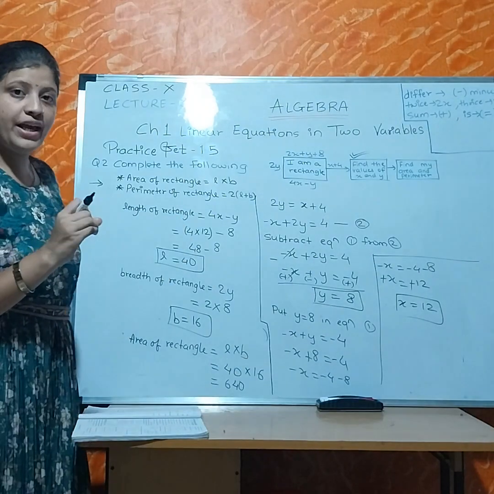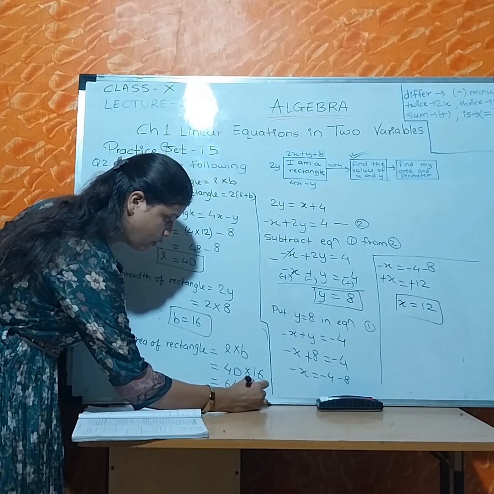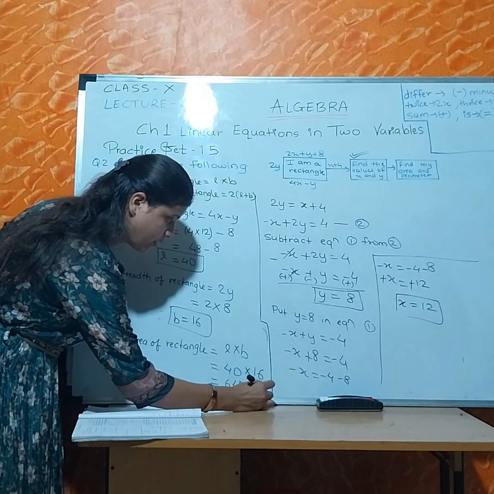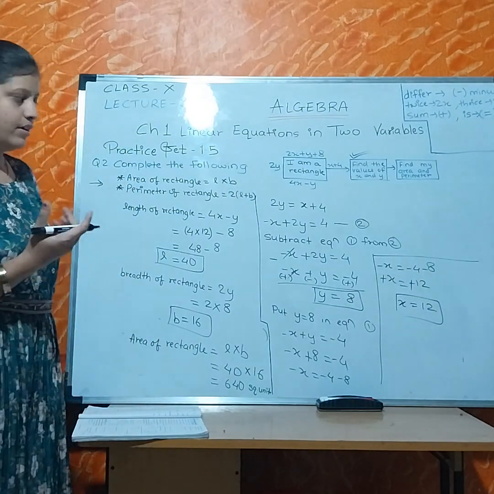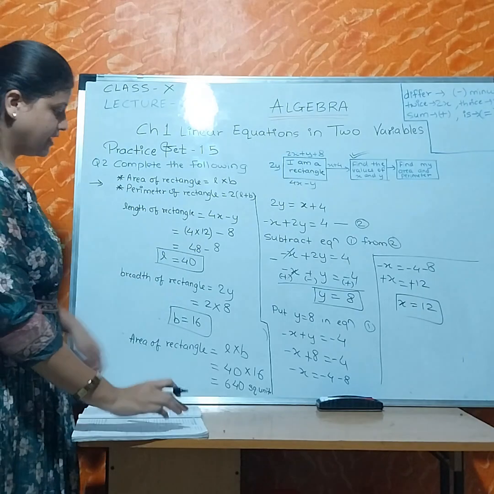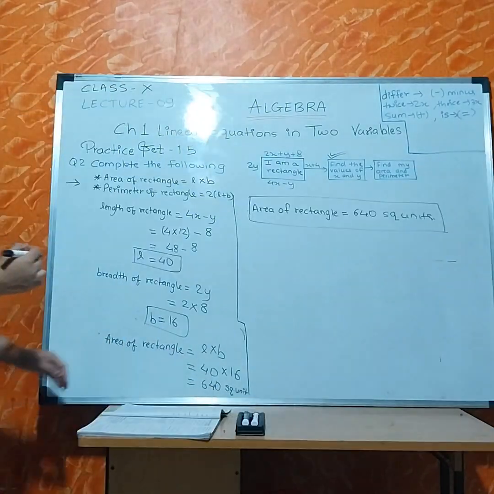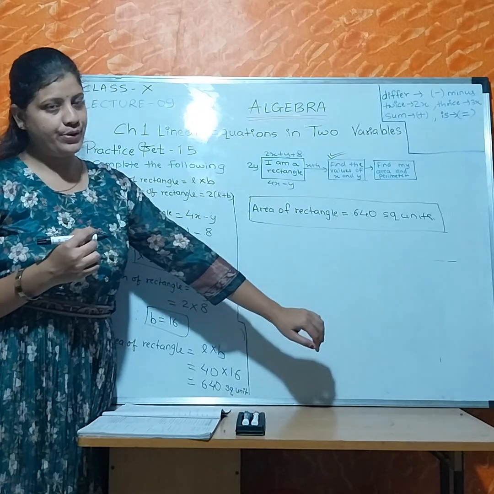And the unit of area is always in square. So what is the unit? Square units. We don't know whether the unit is centimeter or meter. They have not mentioned here. So we can simply write square units. Here we got the area of a rectangle is equal to 640 square units.